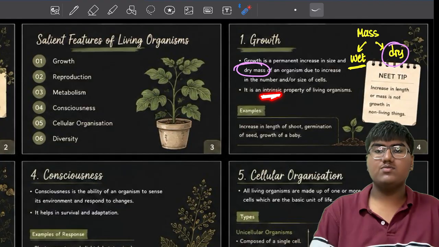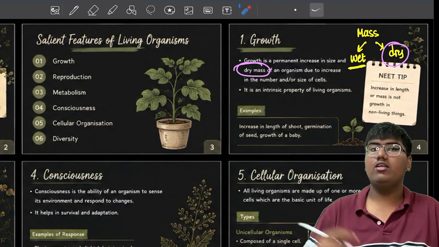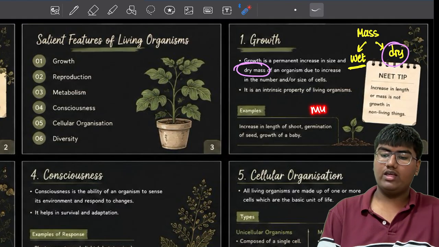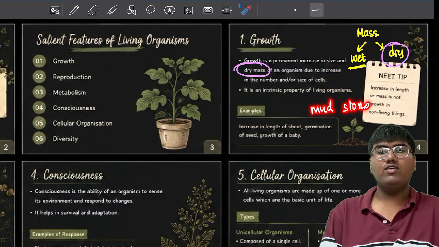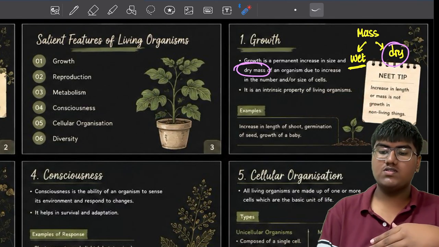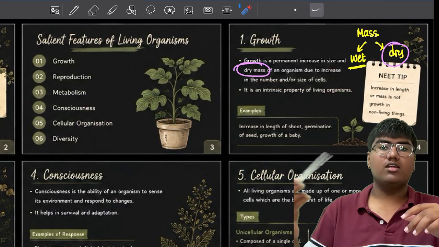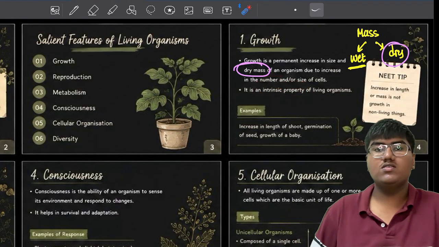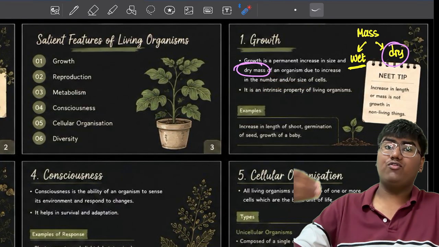It is an intrinsic property in living organisms. In non-living things, like mud or stones, if we start piling up stones, it is also considered as growth because it's an increase in number, but we cannot consider it an intrinsic property because we are adding different stones.